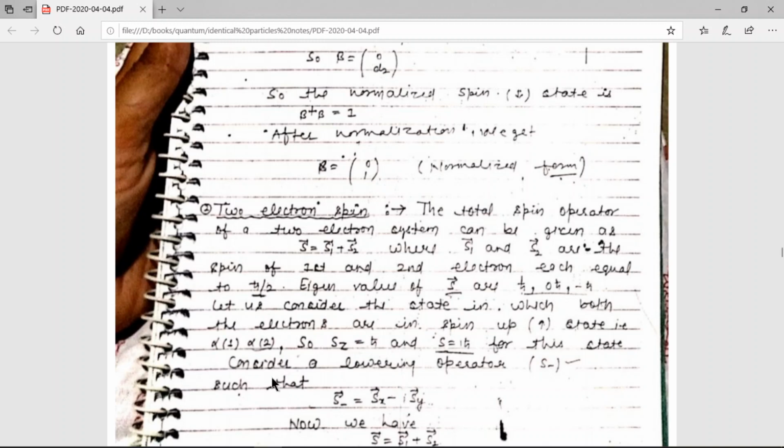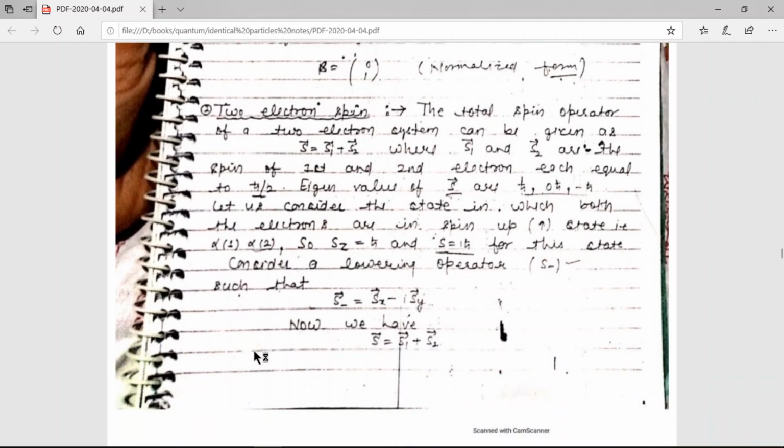Now let us consider the lowering operator S minus on the state alpha 1 alpha 2, where alpha 1 alpha 2 is the mixed state of the first and second particle with both up spin. Both the particles have up spin. Now the total spin is given by S1 plus S2.